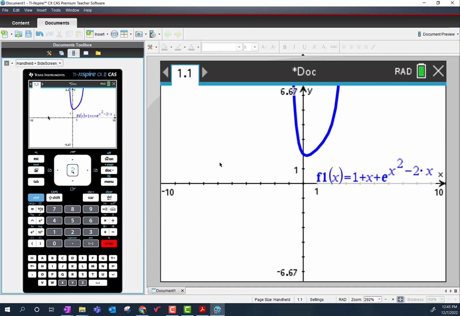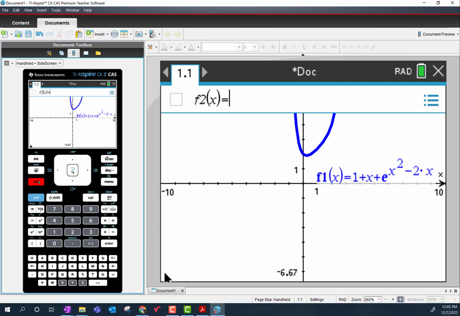My second function, to get to that, we would hit tab, and that takes us up to this menu again and allows us to put another function in.